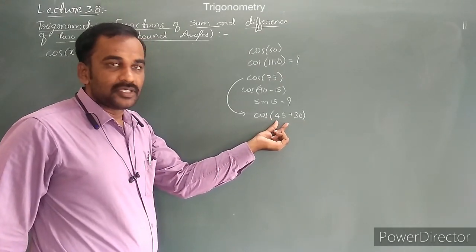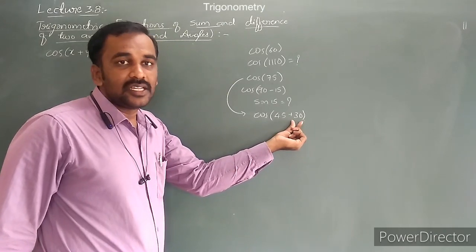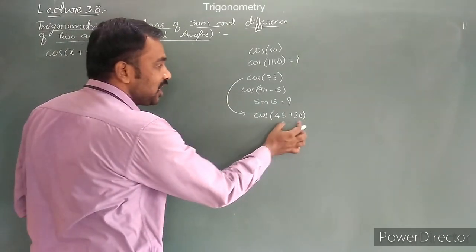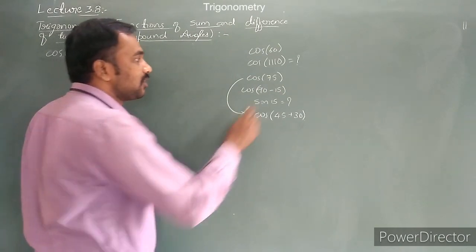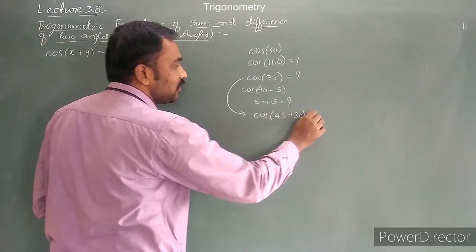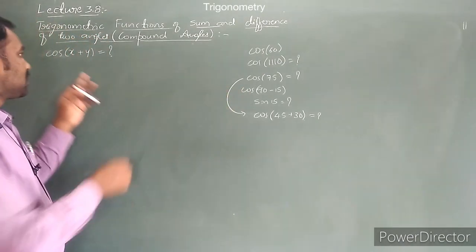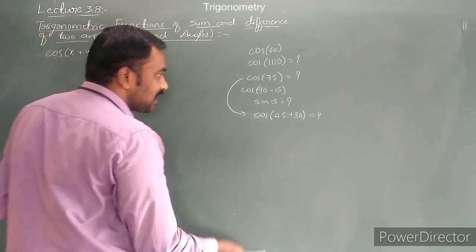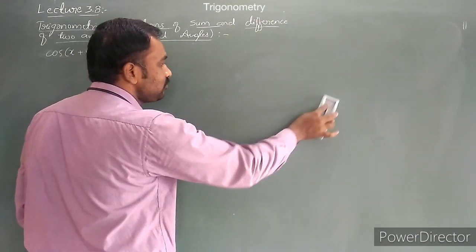Do you know the cos of 45 as well as 30? 45 and 30 are standard angles. With the help of these two angles, we can easily find the cos of 75. How do you find this? For that we have a general formula, cos of X plus Y. Let's have a look at that.